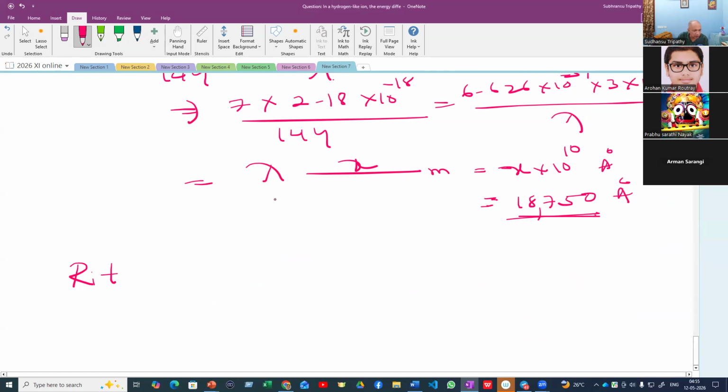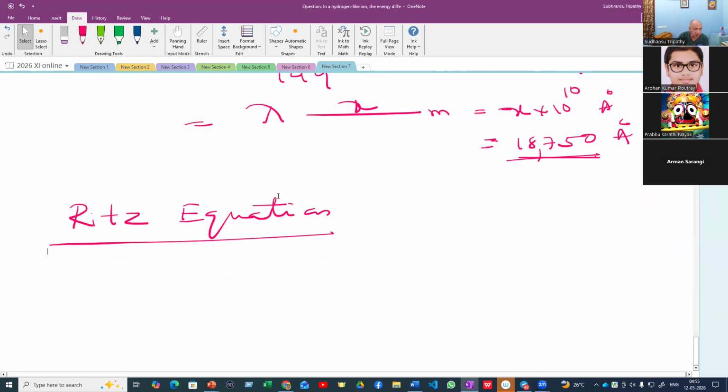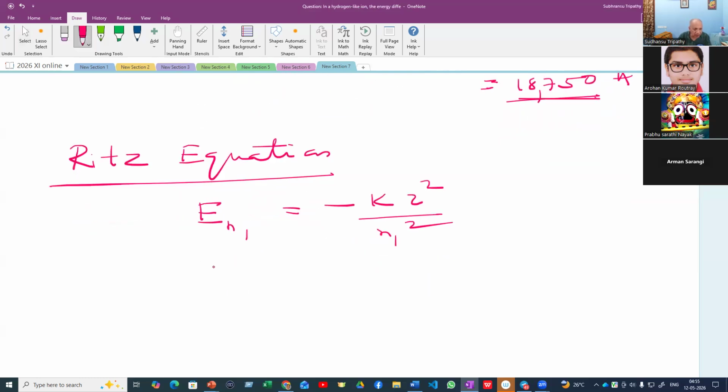Now we can put it in another format that will be easier for you to calculate. Instead of the K format, you can have a Ritz equation. There is a general equation to find the lambda or the nu bar, wave number, for any line of any series. Suppose the lower shell is minus K Z square by N1 square and the starting shell, the higher shell, is minus K Z square by N2 square.